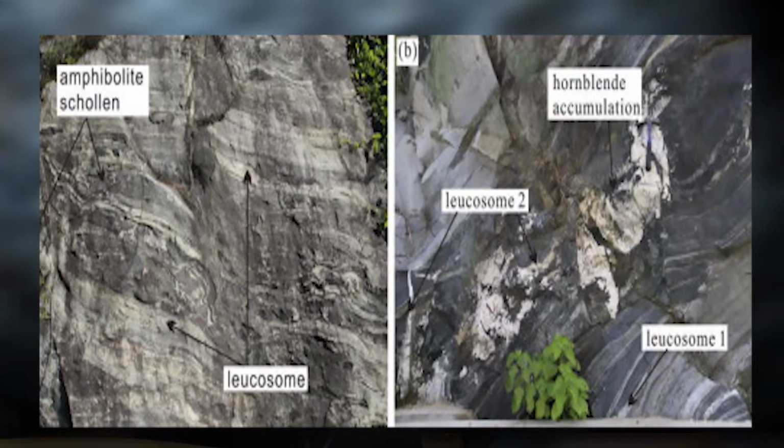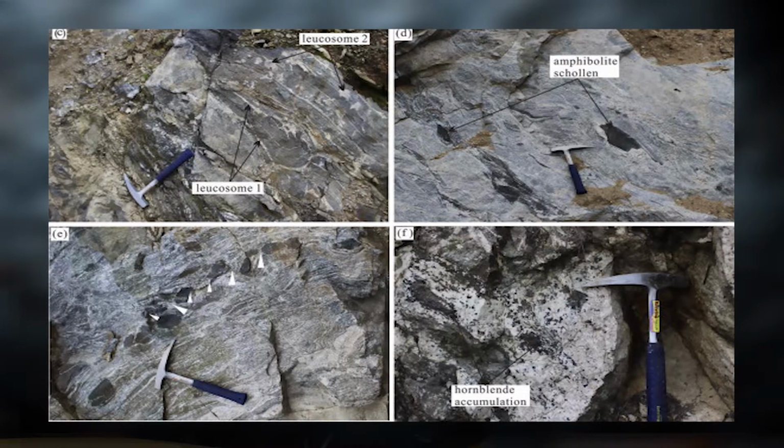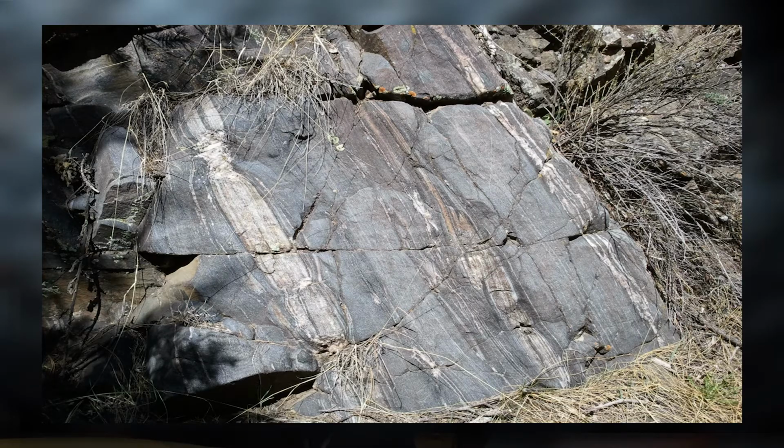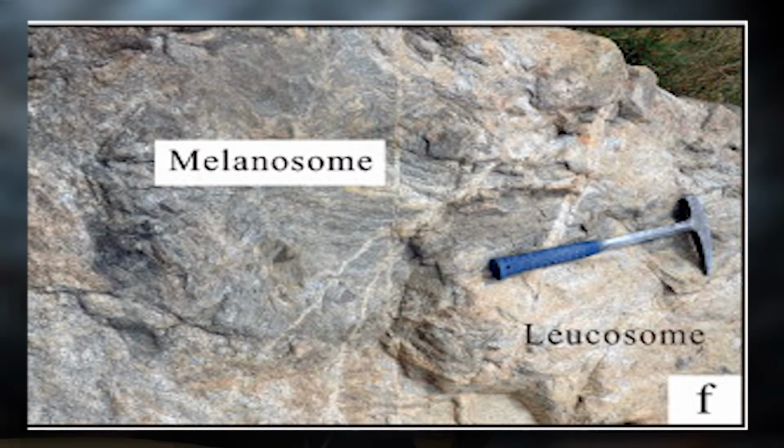Mesosome gneisses differ mineralogically from deformed leucosomes in that they contain abundant biotite, garnet, kyanite or sillimanite. The paleosomes have a different relationship with their melt fraction, that is newly formed veined material. The dark colored metamorphic component of the migmatite is known as melanosome.